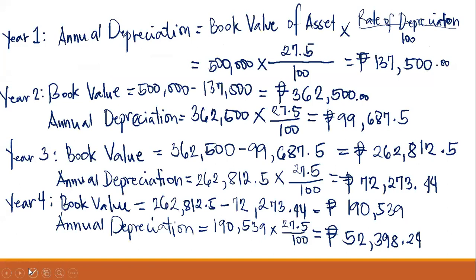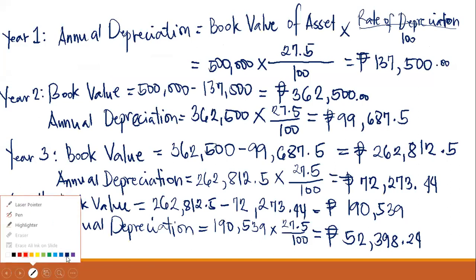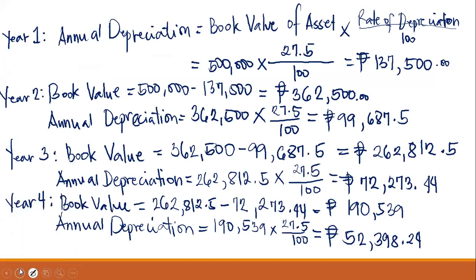Ayan, so yung year 4 na natin. So we are now on the year 5. So ano na yung annual depreciation sa ikalimang taon ng machine? So sa year 5, we have to get first the book value, which is equal to, ano yung nakuha nating annual depreciation?